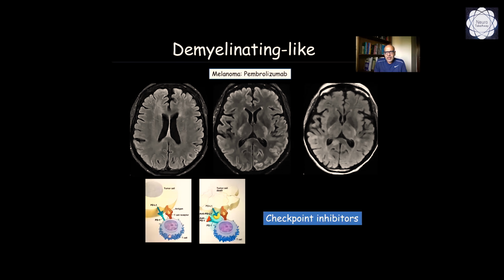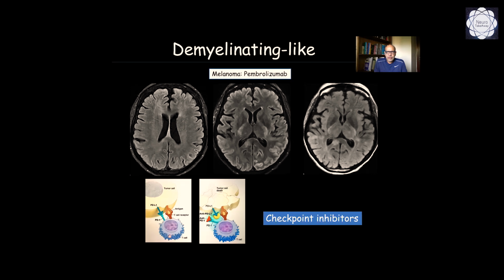Regarding the demyelinating-like lesions, they can happen with the new treatments. As you know, many years ago, some new drugs were introduced in the oncologic armamentarium. Now we have these checkpoint inhibitors, and they can produce these lesions. The mechanism of this drug is a blockade of an inhibition.